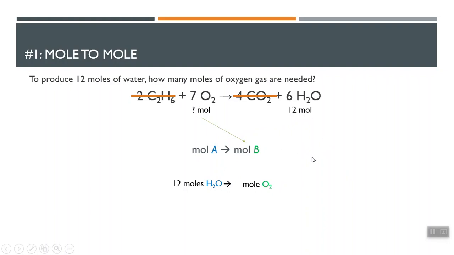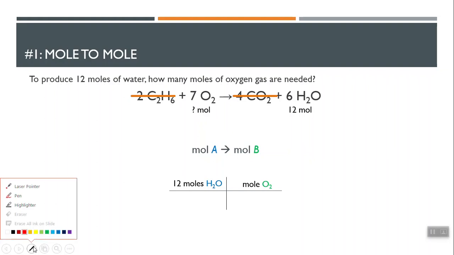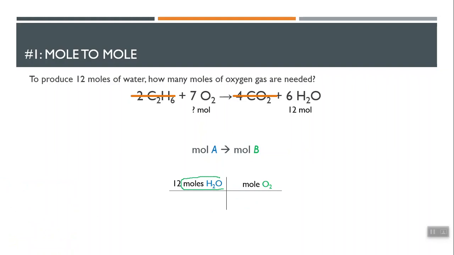Now, the beauty of this path is that it gives you the upper part of your fence setup. So we're going to go ahead and replace the arrow with the fence, and then you guys know what to do on the bottom part: we are simply going to copy that unit down into our fence, right? So we write moles of water.